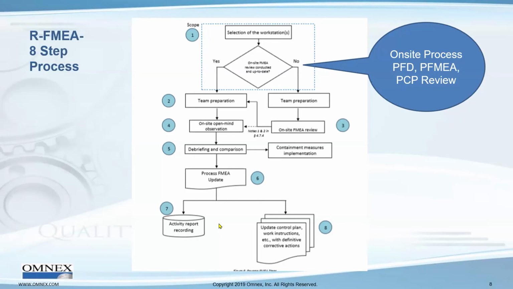And then in 5, we do a debriefing. And then 6, we do any updates to the PFMEA, which could result in an update to the flow chart, the PFMEA, the control plan, and then eventually work instructions. And then at the end, 7 is we have activity reports, and then there's a final update if we have any for the rest of the documentation.